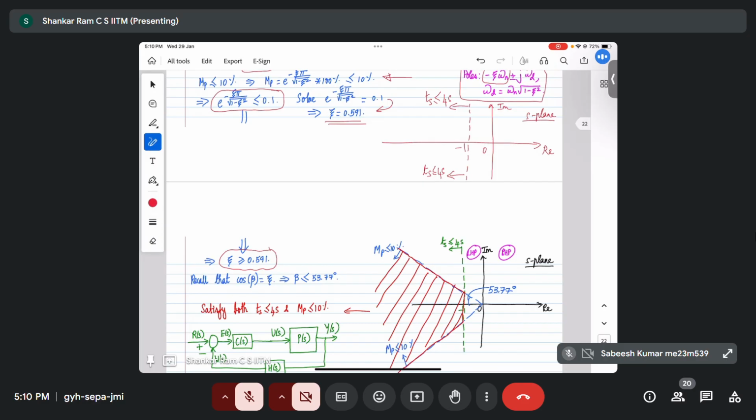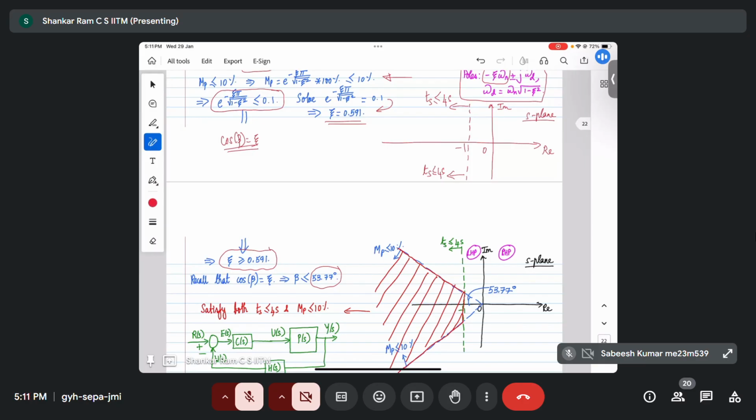And if you recall, cos beta was zeta, right? When we did the underdamped second order systems, right? Now all the mathematics will come into play for a physical intuition, right? So if we take cos inverse of 0.591, that comes out to be 53.77 degrees.